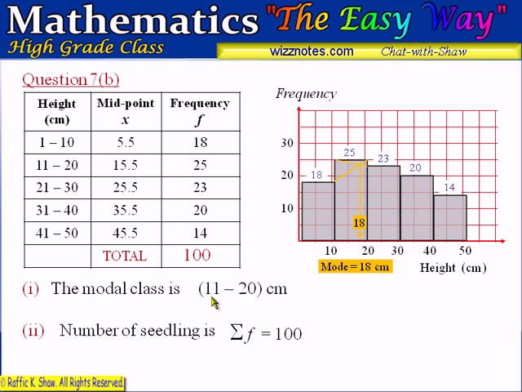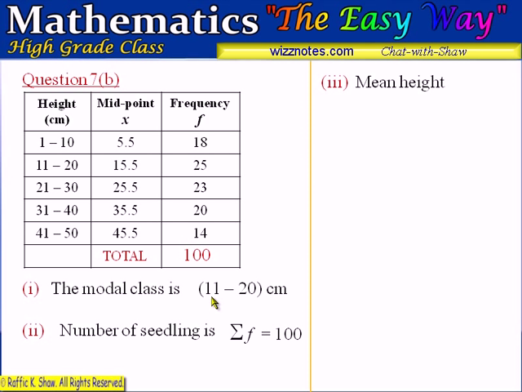Part 3 is now asking us for the mean height of the seedlings. In a grouped frequency distribution, as we have here, where the scores are grouped, we have to estimate the mean. There are several ways of estimating the mean, but for the CSEC syllabus, we estimate the mean using the class midpoint.